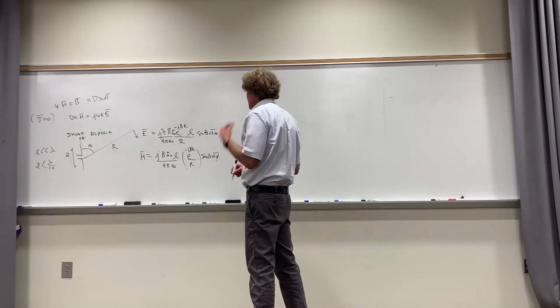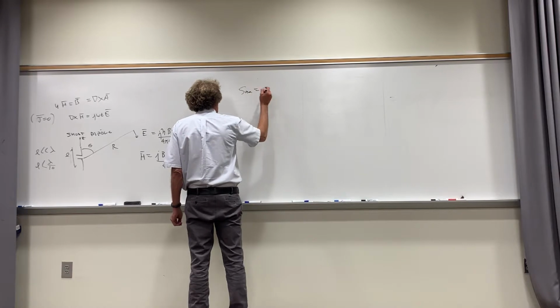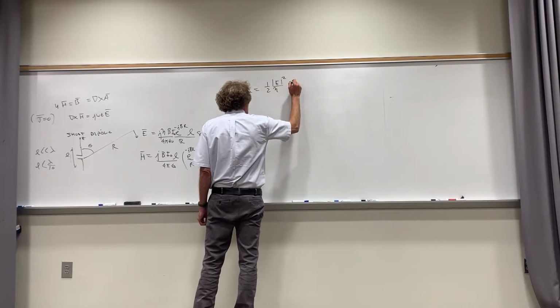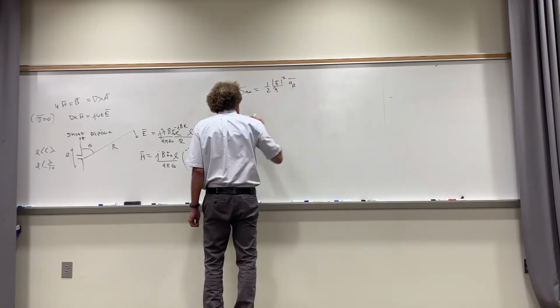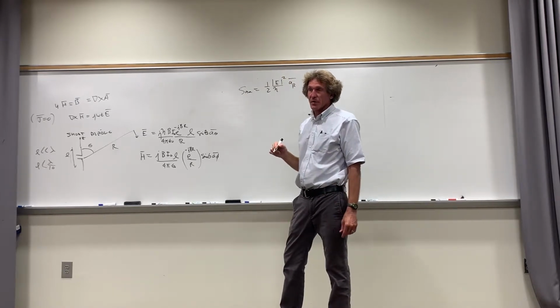That's the actual H field. Do you remember what the power density was? You can just put it down as 1/2 the magnitude of the E field squared over eta in the a r direction. It's radially away, and you don't have to worry about calculating more than that right now. Do you follow me on this, everyone?